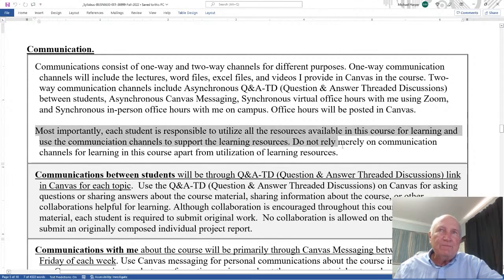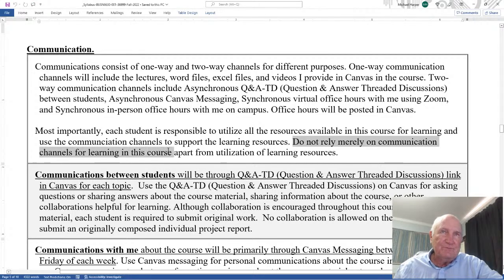Most importantly, each student is responsible to utilize all the resources available in this course for learning and use communication channels to support the learning resources. Do not rely merely on communication channels for learning in this course, apart from the utilization of learning resources.